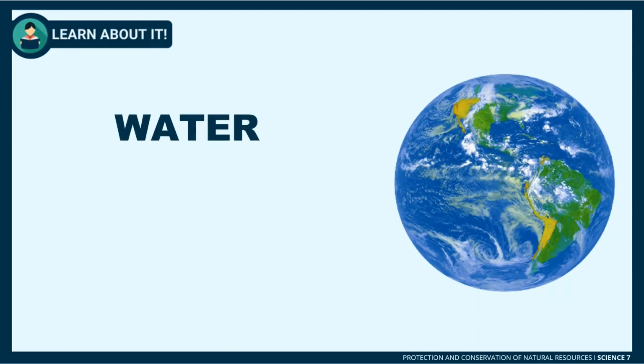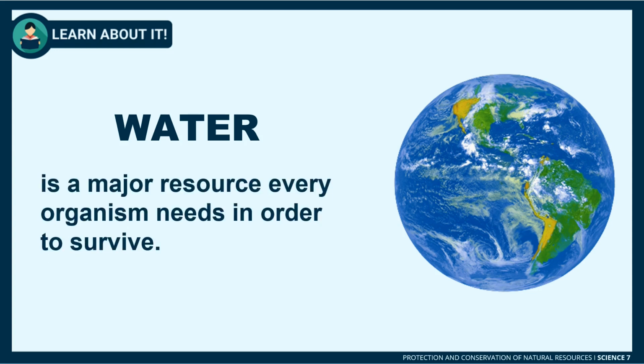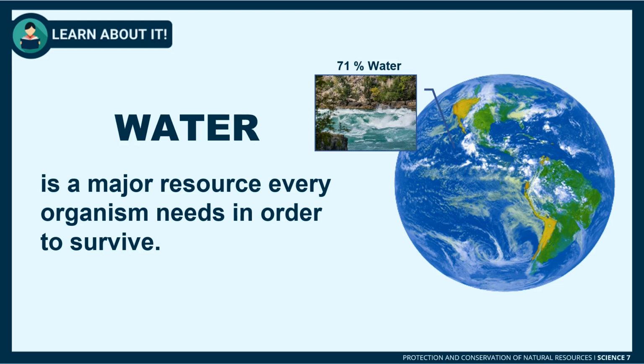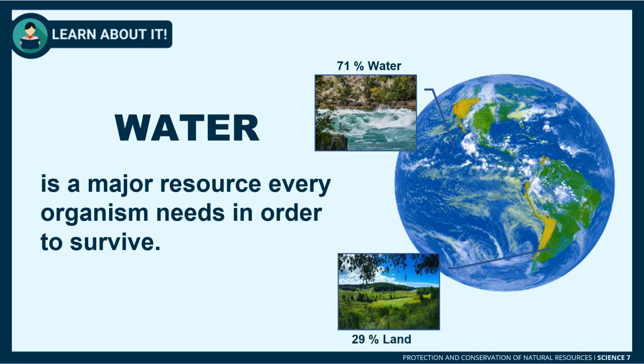We have varieties of natural resources in the environment where we commonly get our living. To survive, many organisms depend on water since it is one of the major sources of food. The Earth comprises 71% of water and 29% of land, which attests to how big is the contribution of water to maintain ecological balance.